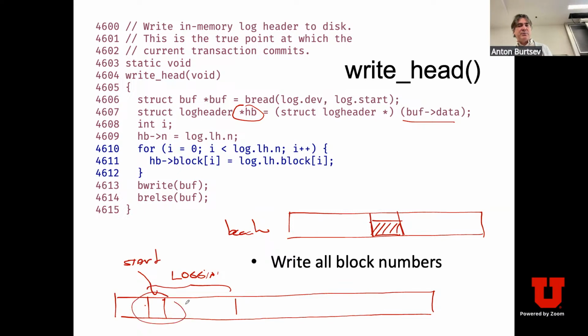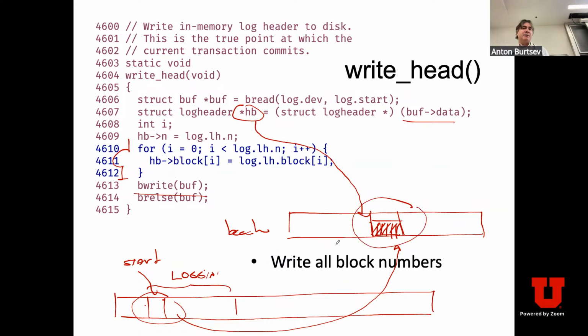You cache this block right here, and you simply say, I have an HB pointer pointing to this memory, right? And now in this tiny loop, you're just updating this data in memory. First, everything is in memory. And only when you do the B write API, this block gets copied into this area on disk, right?